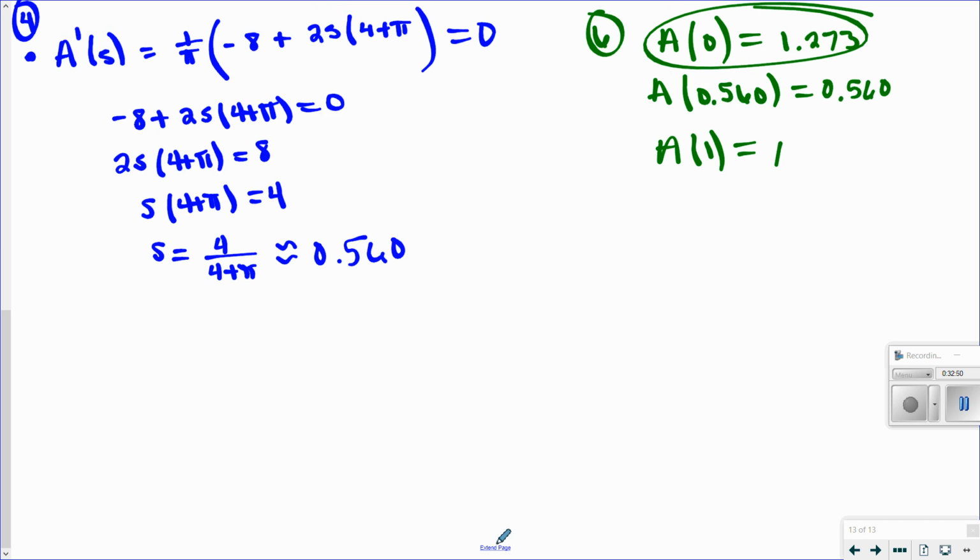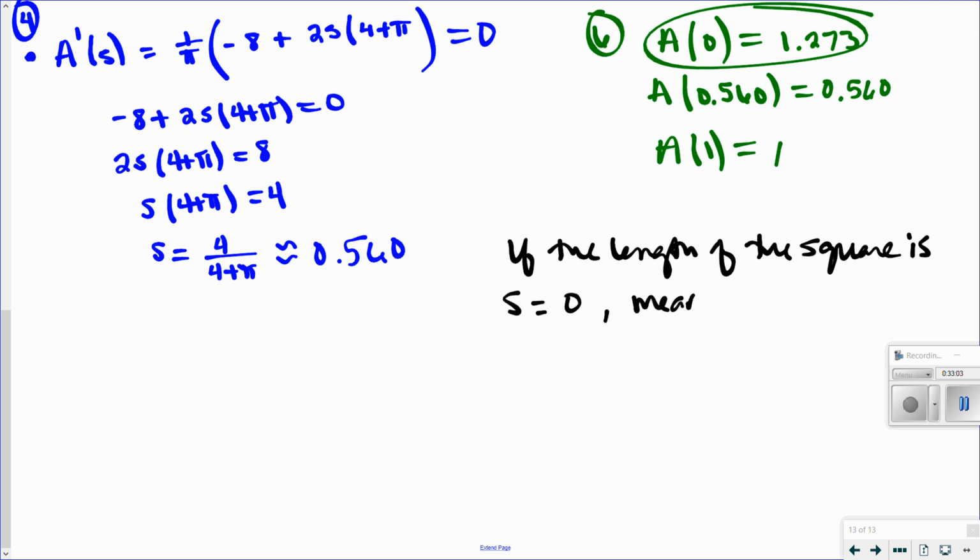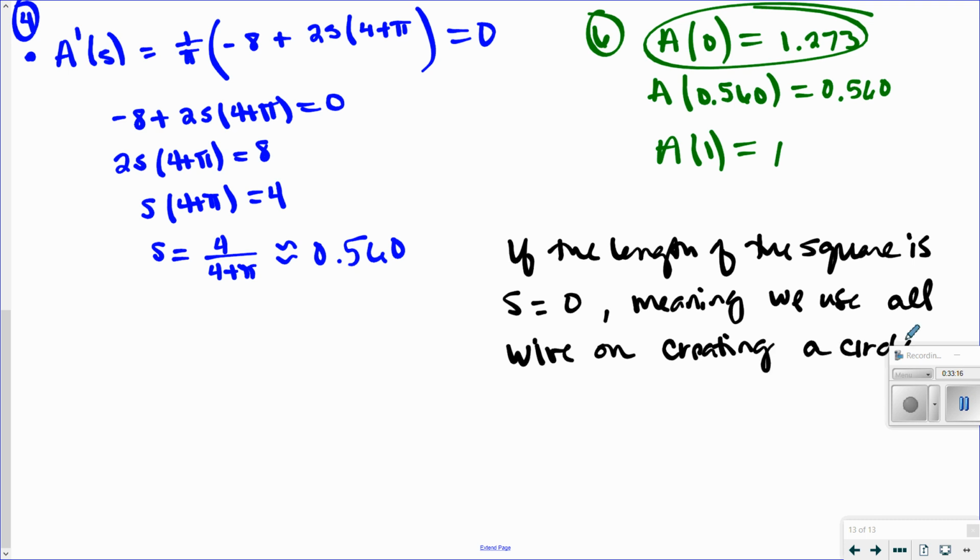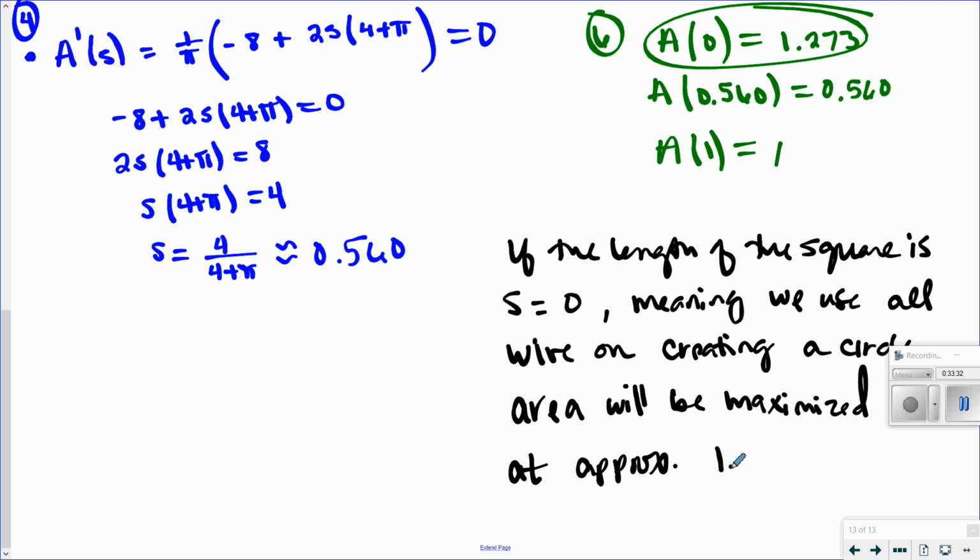So if the length of the square is s equals 0, meaning we use all wire on creating a circle, area will be maximized at approximately 1.273 square feet.